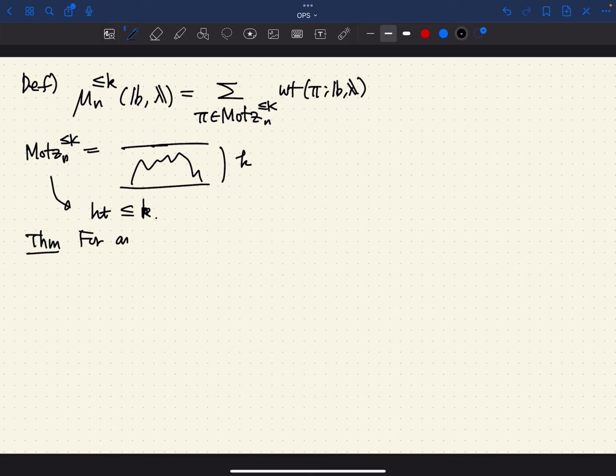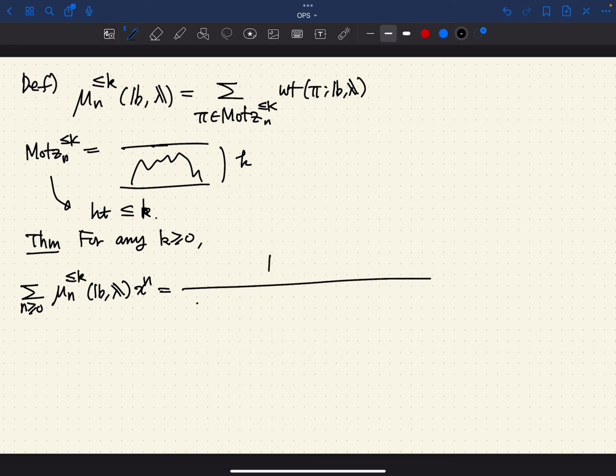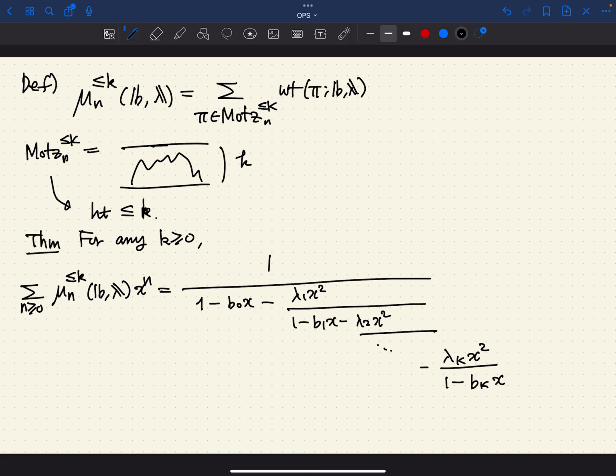For any integer k, we have the generating function for all Motzkin paths of bounded height, sum of x to the n, equals 1 over 1 minus b0 x minus lambda 1 x squared over 1 minus b1 x minus lambda 2 x squared, dot dot dot, and the last one is this. You go up to this. Okay.